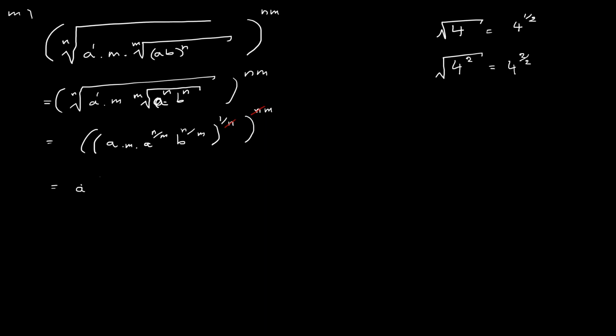So we get a to the power of n times m over m, so a to the power of n, because, well, okay, I'll write it so we can cancel this out, times b to the power of n for much the same reason. We can't simplify it any further. This is as far as you can go.